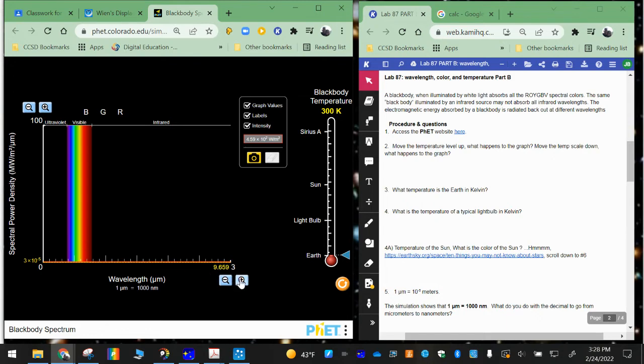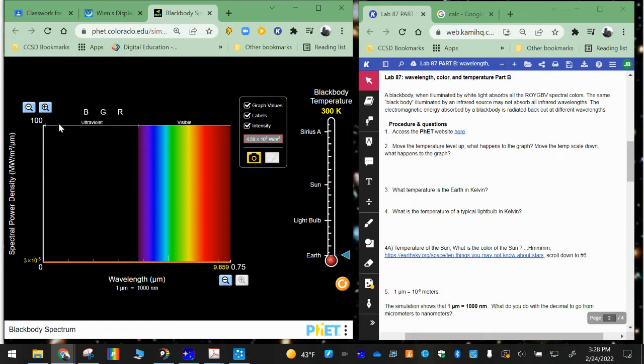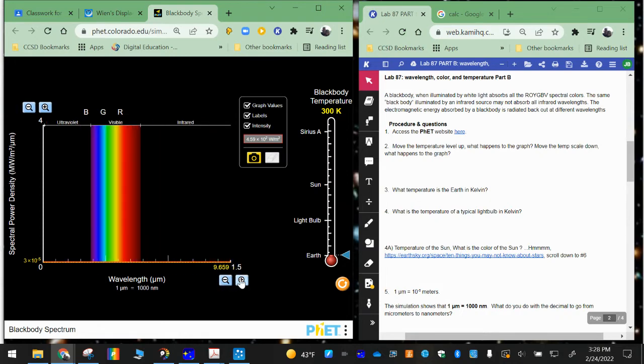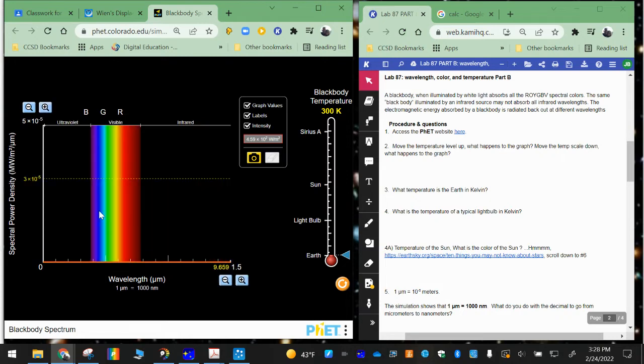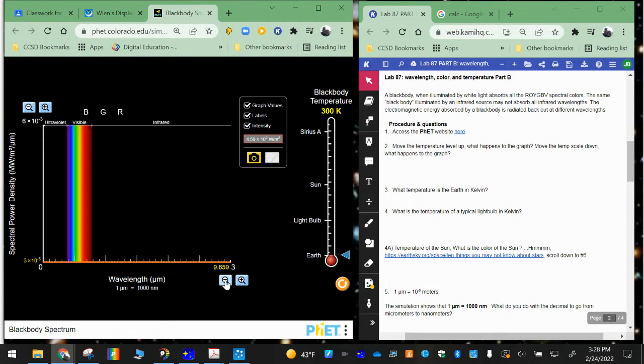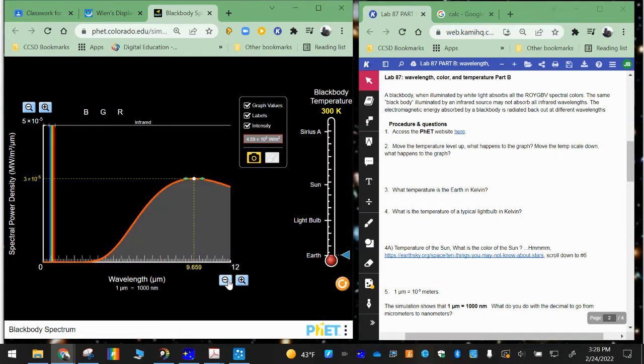So we might have to do a little zooming in and zooming out, and play around with these numbers here. Oh, here we go. So here's the Earth.